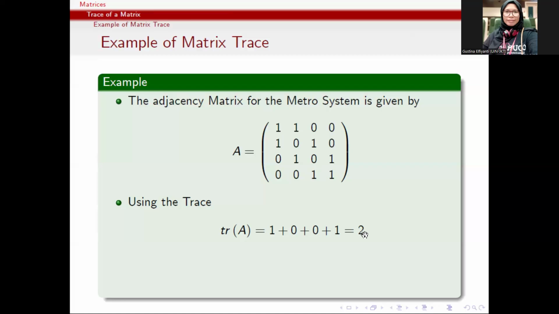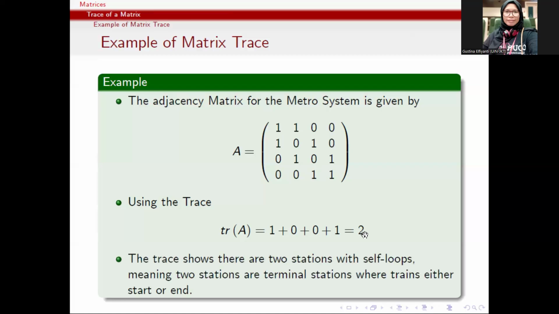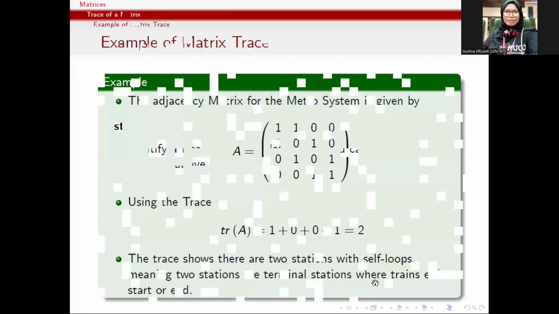So it's 2. So it means that there are 2 stations with loops, meaning 2 stations are terminal stations where trains either start or end.